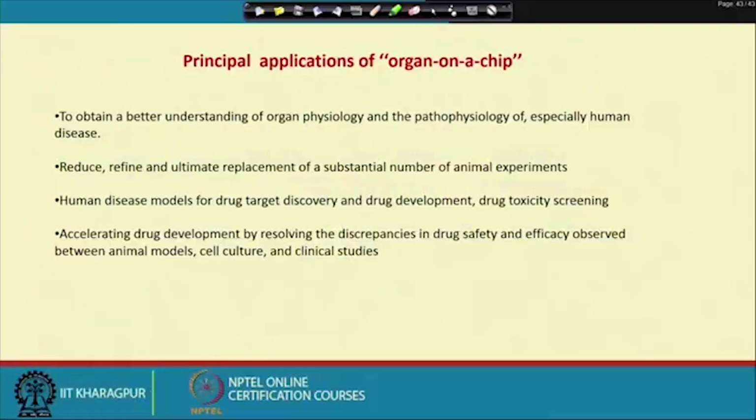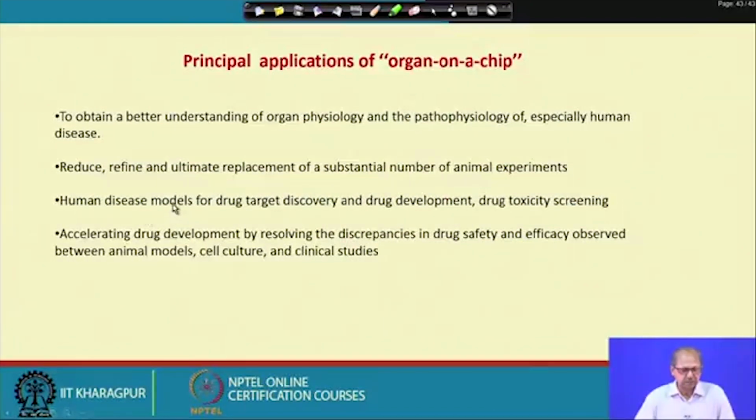Generally in any development of drugs, we use animals as a model system, but nowadays ethics are coming in a very strong way. We cannot use animals for our purposes or drug targeting or clinical trials. So, for that, human organ on chips are very much essential, and human disease models I have already mentioned, and accelerating drug development by resolving the discrepancies in drug safety and efficacy observed between animal models, cell culture and clinical studies.